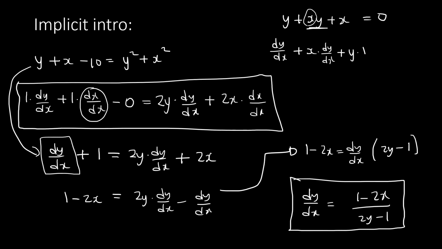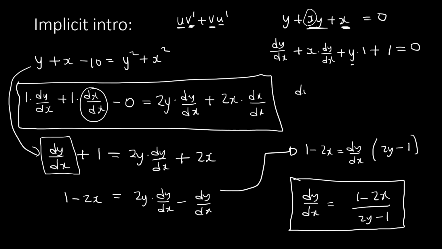This y, because we didn't derive it, comes from your product rule, u v prime plus v u prime. I didn't derive u, that's why I had x. I derived v, that's why I had dy dx. I didn't derive v, that's why I have y. Then I derived x, that's why I have 1. Then plus this x, derive this x, it's 1, equals 0. Then you solve for dy dx.